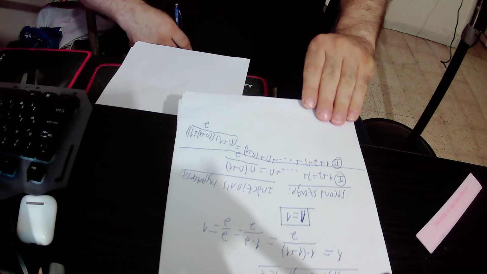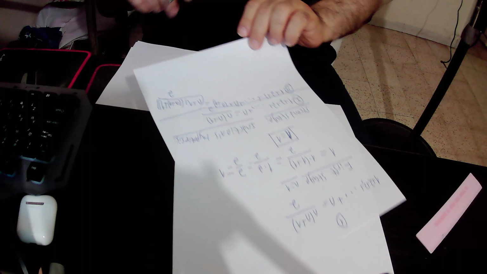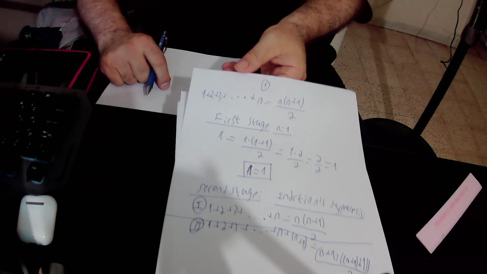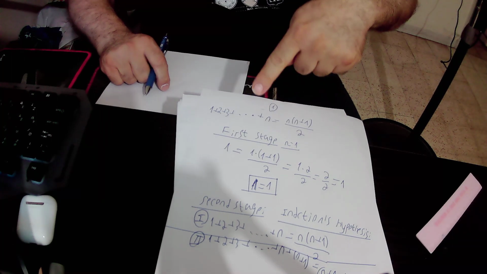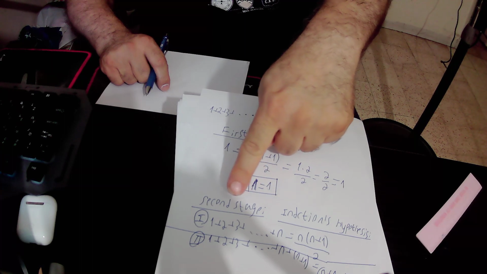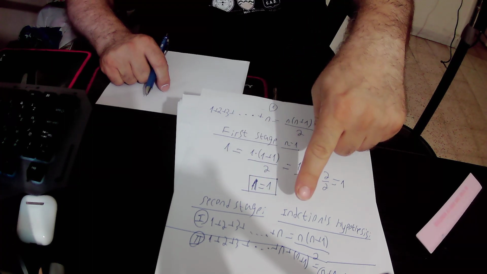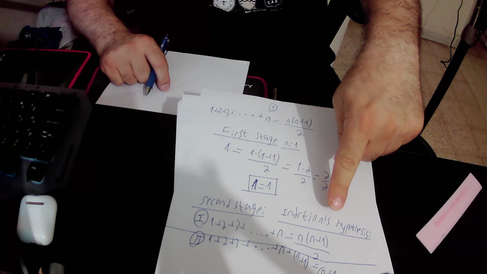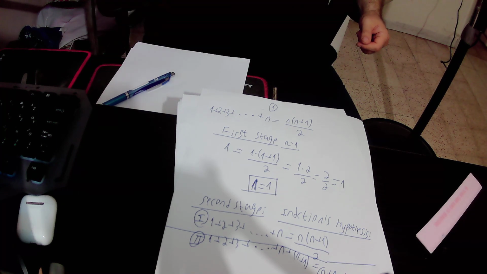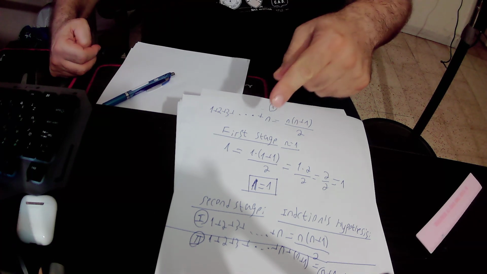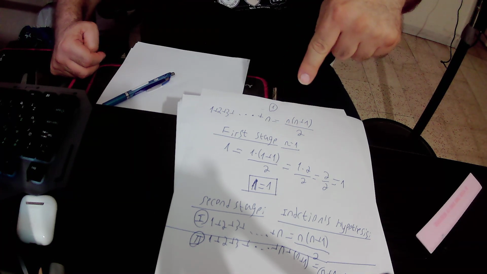So in the first stage, we assume that this statement is true for n, that is to say 1 plus 2 plus 3 plus ... plus n equals n times n plus 1 divided by 2. And that is the induction hypothesis, and we will rely on this assumption in order to prove that this statement is true for n plus 1.